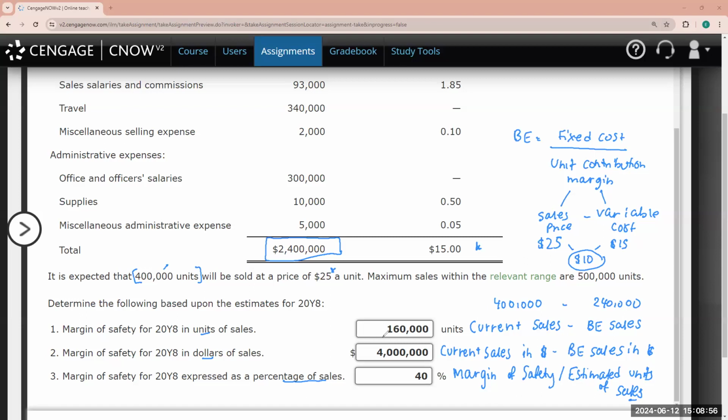Another way we can calculate this is our margin of safety in units of 160,000 multiplied by our selling price. And lastly, our margin of safety as a percentage of sales would be our margin of safety, which we calculated up above, of 160,000 divided by our estimated units of sales, which is 400,000.